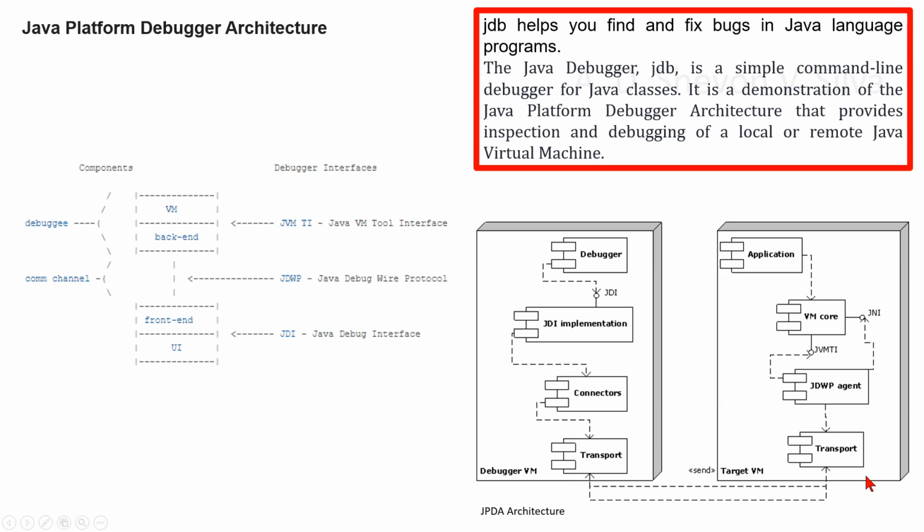JDWP transport interface, an auxiliary API that specifies a way to use different transport channels from the JDWP agent side.